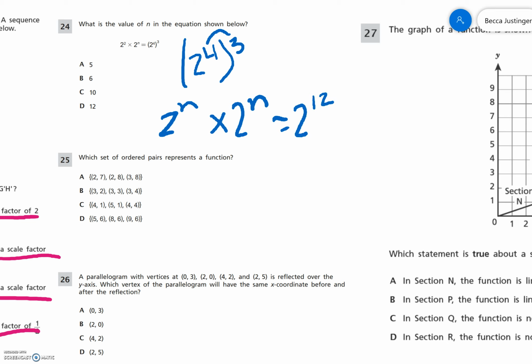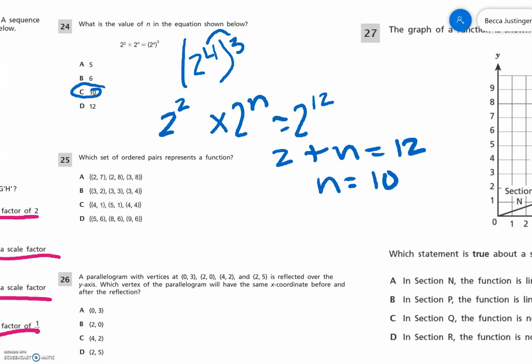Now if they have the same base and we're multiplying, all we have to do is keep the base and add the exponents. So 2 plus n equals 12, which means n equals 10.